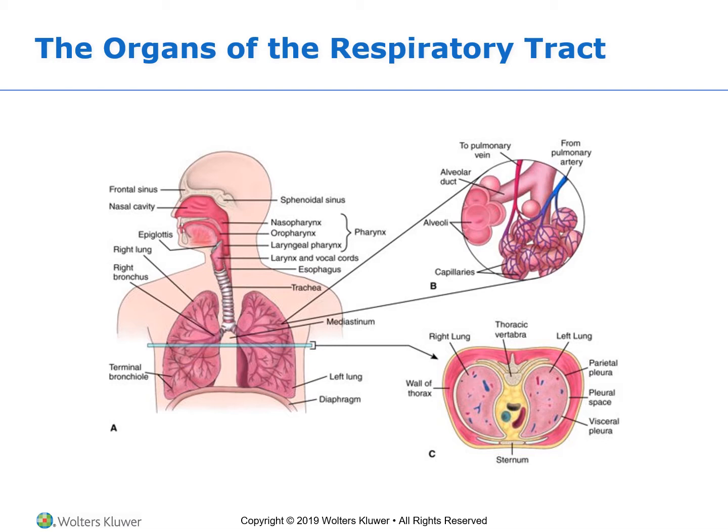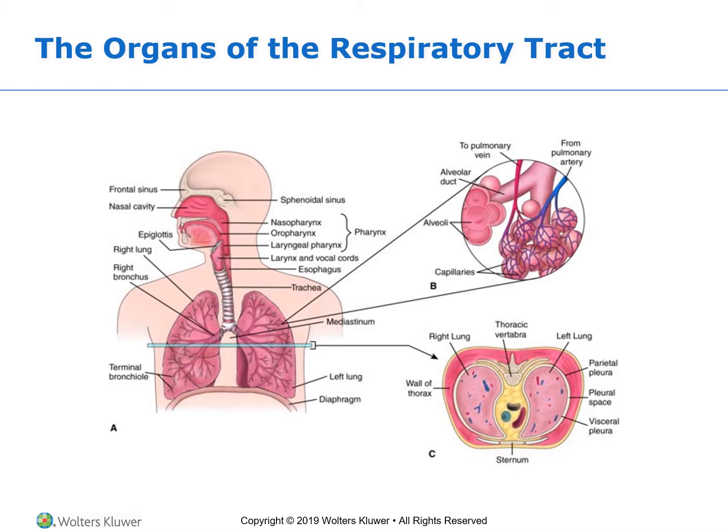And then there is pleural space between those 2 layers with fluid in it, and that fluid helps act as a lubricant so things can kind of glide in there, and it helps also hold the lungs in an expanded position.